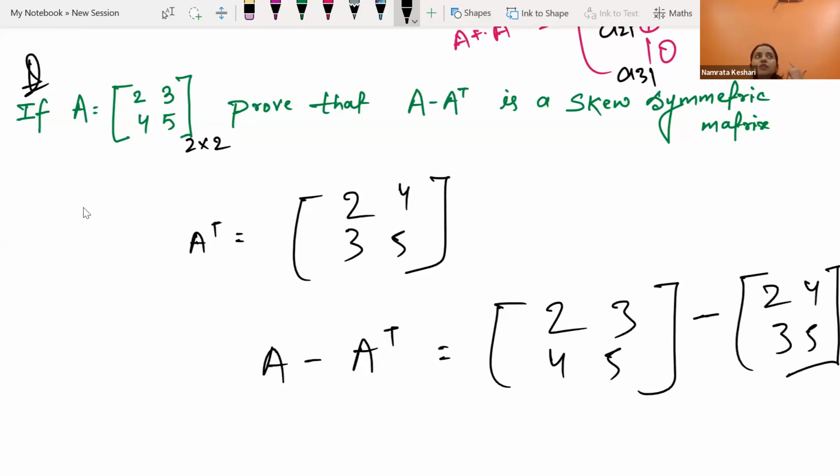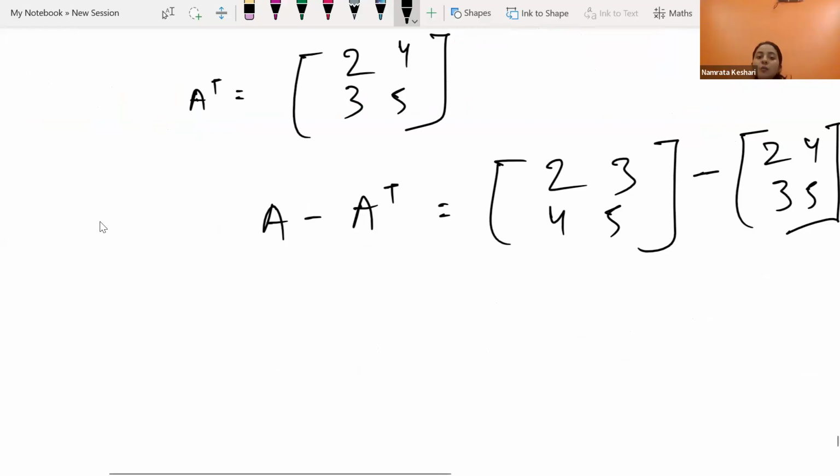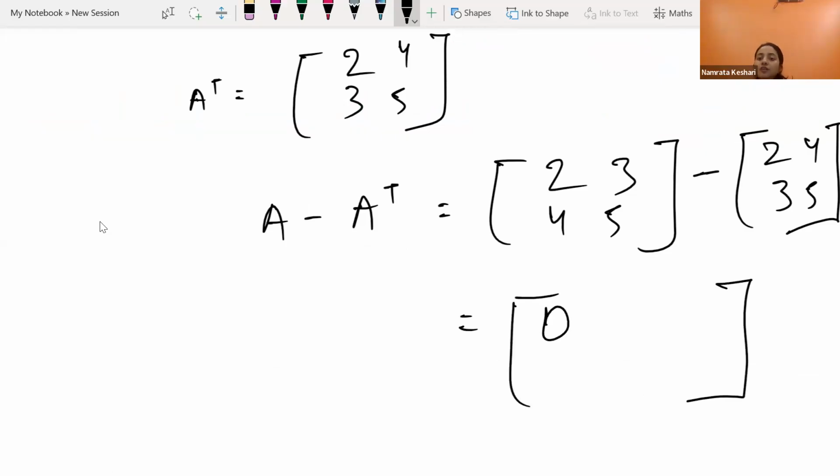Either we think of it as adding and then multiplying by minus 1, which is scalar multiplication, or directly we can do the operation. So we'll have 0 here, then 1, negative 1, and 0.